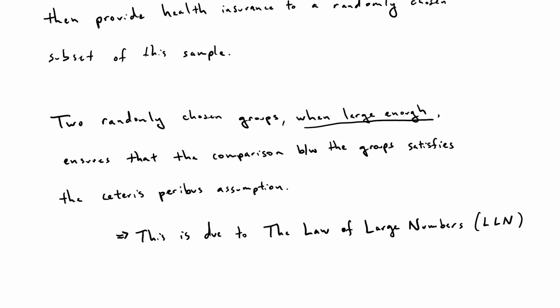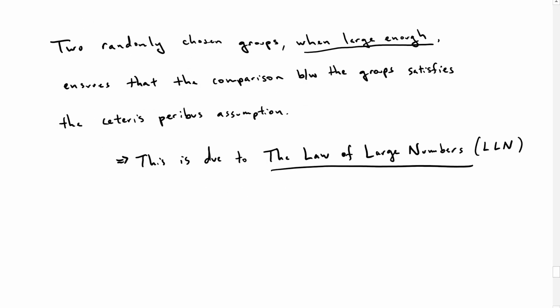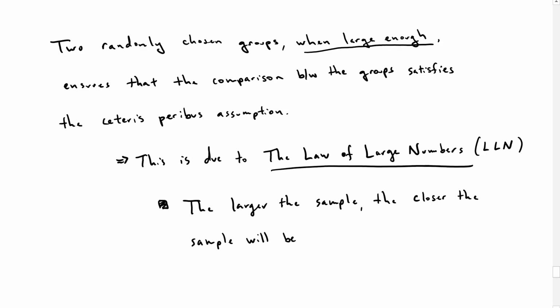This law of large numbers we can define as: the larger the sample, the closer the sample average will be to the average of the population from which the sample is drawn.